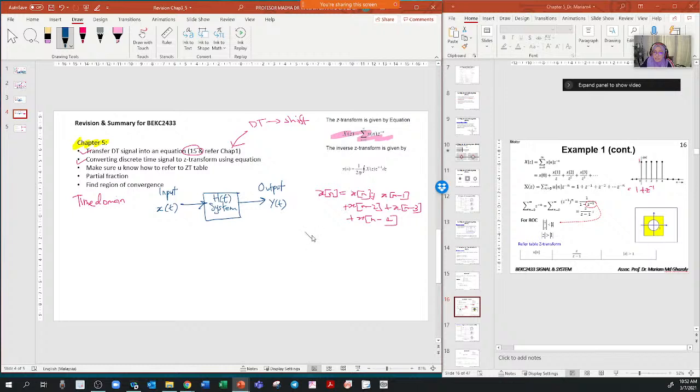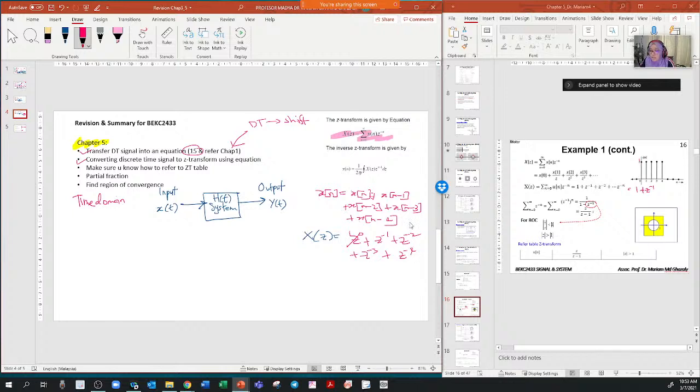Z of x[n], the value is 1, so Z minus 1 plus 1, with no shifting, Z to the power of 0. So this is equal to 1 plus Z minus 1 plus Z minus 2 plus Z minus 3 plus Z minus 4.